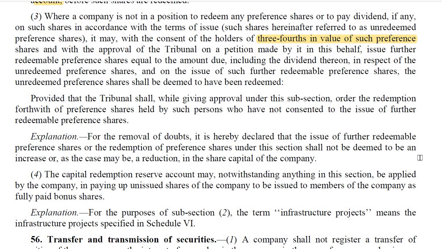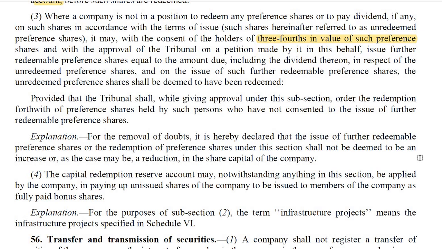Explanation. For the removal of doubt, it is hereby declared that the issue of further redeemable preference shares or the redemption of preference shares under this section shall not be deemed to be an increase or, as the case may be, a reduction in the share capital of the company.